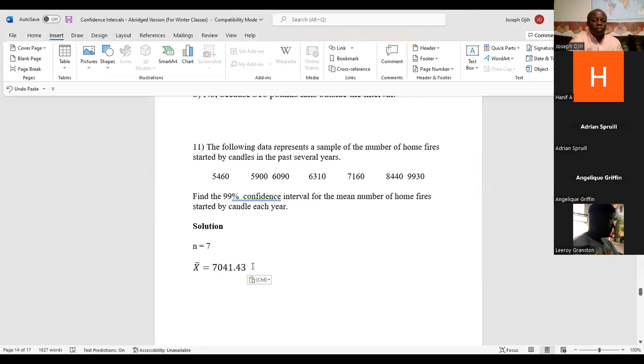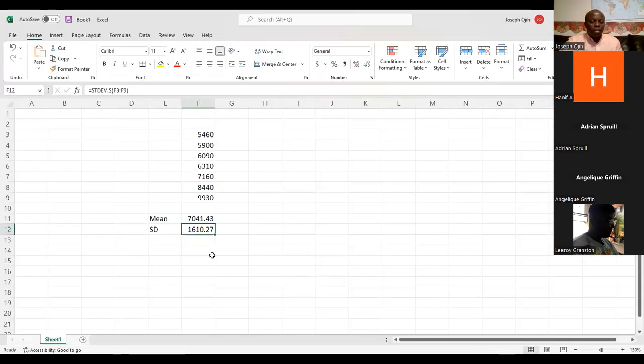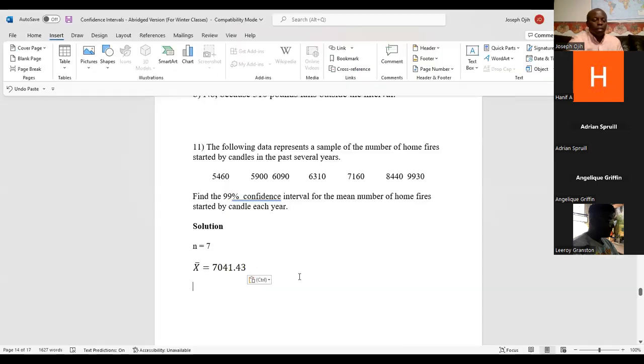And the standard deviation we got from Excel is 1610.27. The sample standard deviation equals 1610.27.